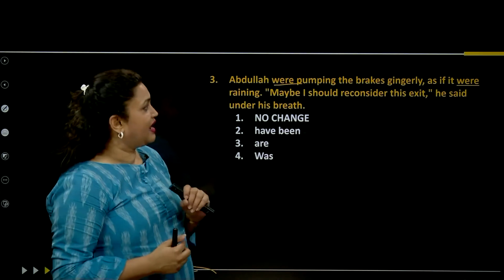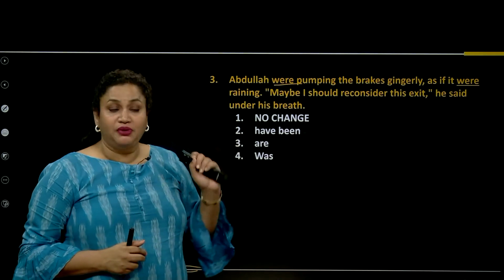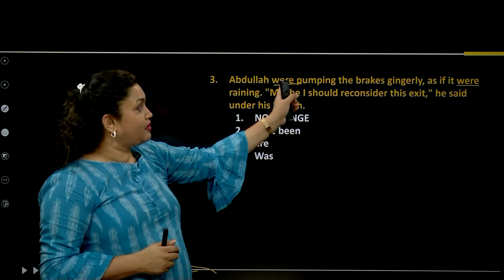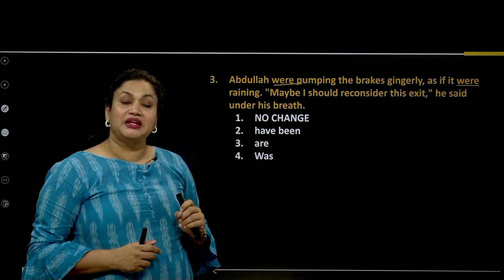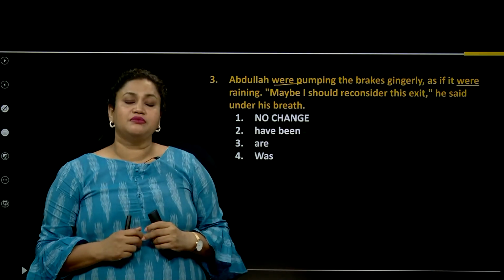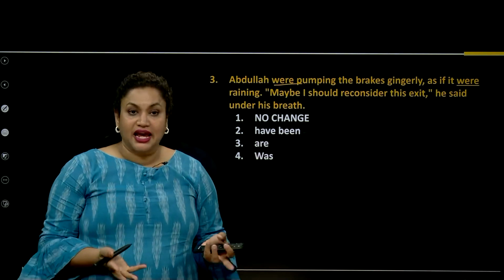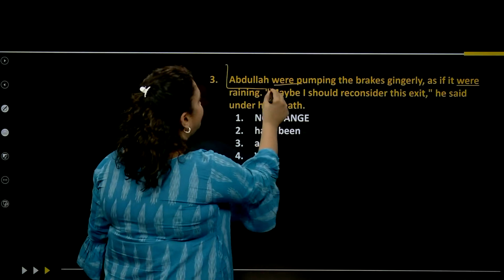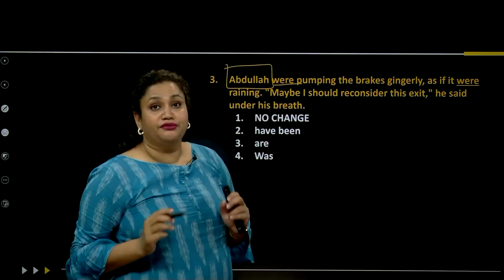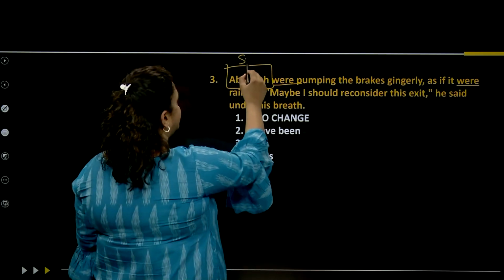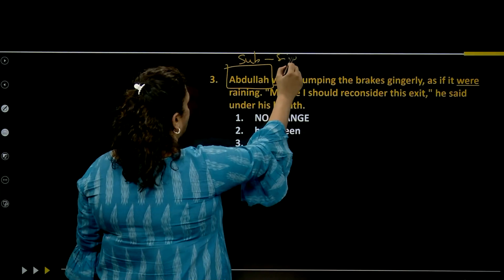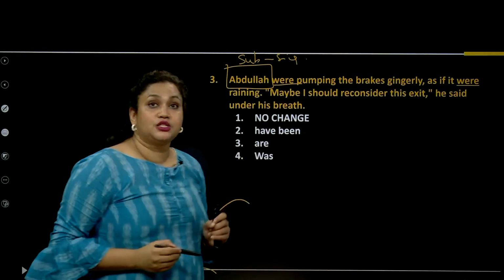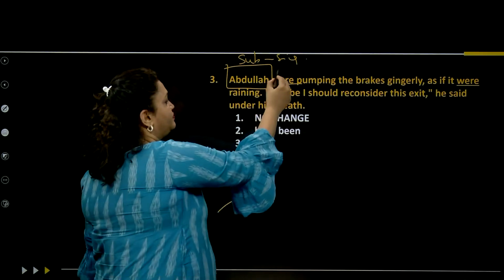Now, here the problem is not there. The problem is here. Please understand that. Sometimes you will find this kind of mistake. Make sure that you identify them. Here we have a singular form. This is a singular subject. Therefore, it has to take a singular verb.